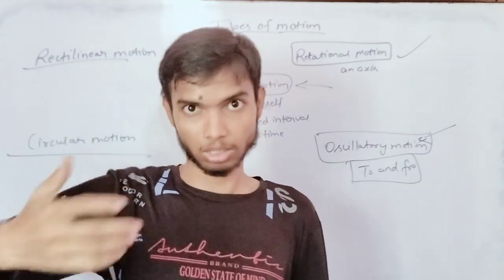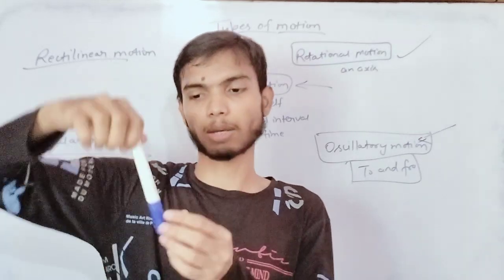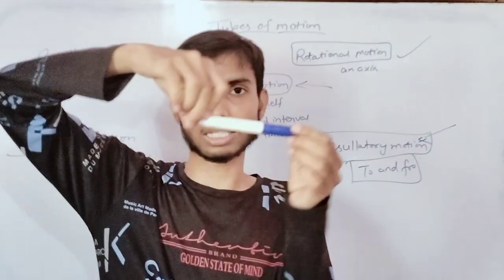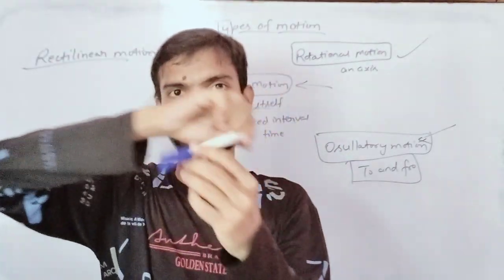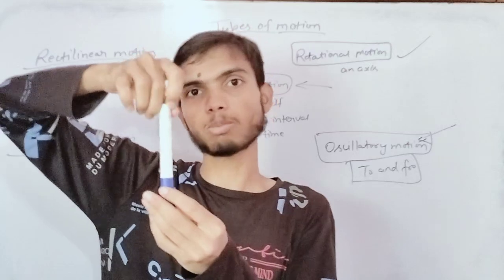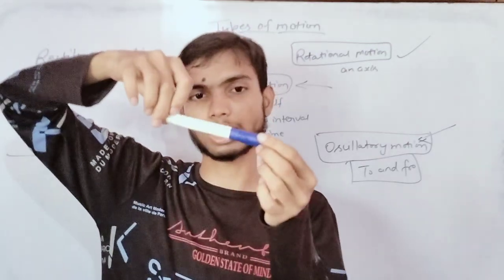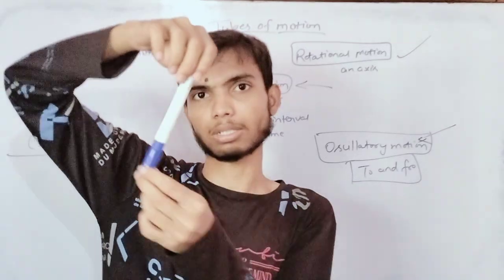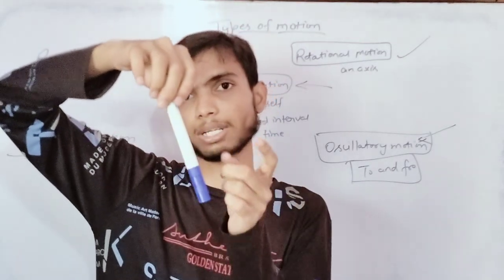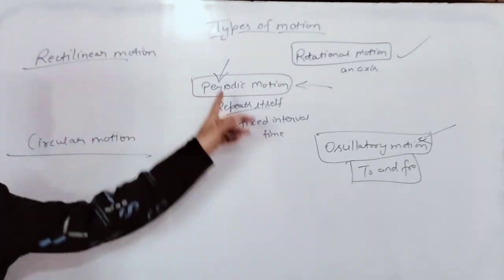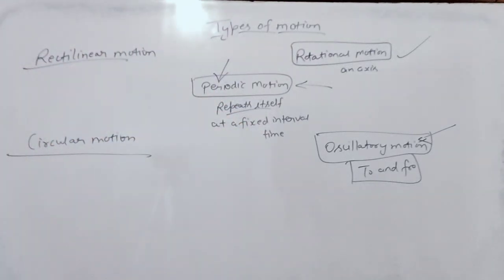A swing is an example of oscillatory motion. It will move like that, not completely around. It will also be periodic, because it takes interval times. That's why it can be considered a periodic motion. Yeah, we have understood the types of motion.